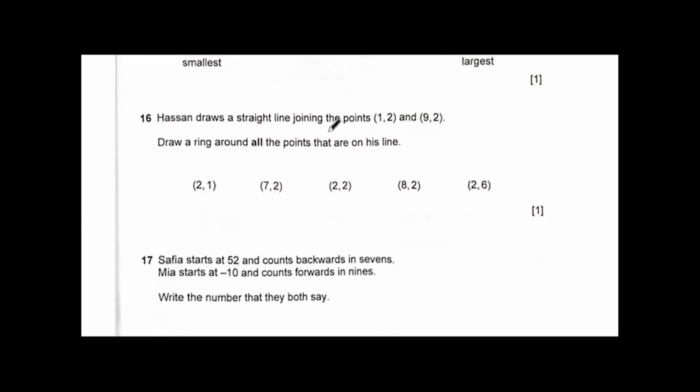Hassan draws a straight line joining the points (1, 2) and (9, 2). So this is x here, this is y here, this is x here, this is y here. You see that the value of y is always 2. So if you try to draw the x and y axes now, if y is somewhere around 2 here, we can draw the line like this, for instance.